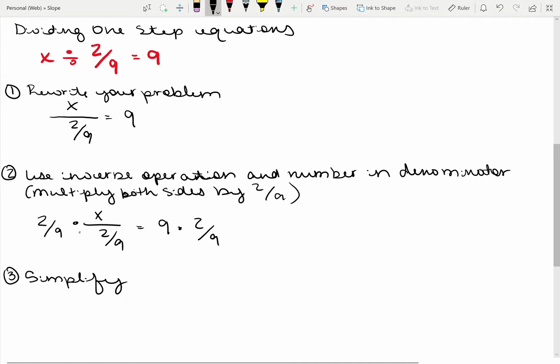Okay, and then the last thing here, which states to simplify. So what I mean by that is just basically take 2/9 and put it over 1 because it is a fraction. Multiply it times x over 2/9 is equal to 9 times 2/9.